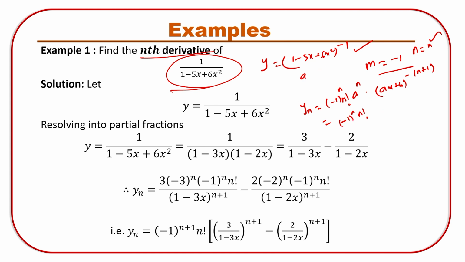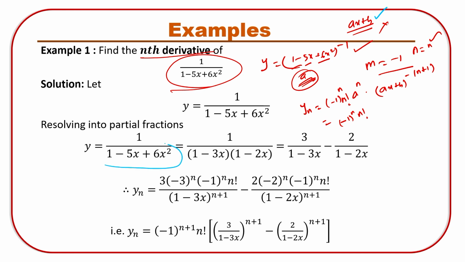To find the a, you can see here that we have terms which are not in the desired form, that is ax plus b, and that's why we have to change this into the desired form ax plus b. To do this you have to factorize first and then use the formula.